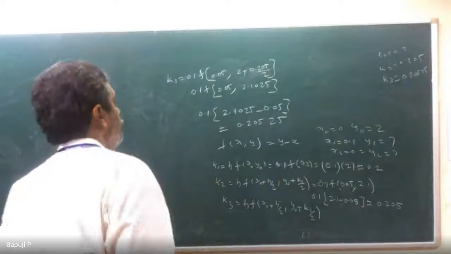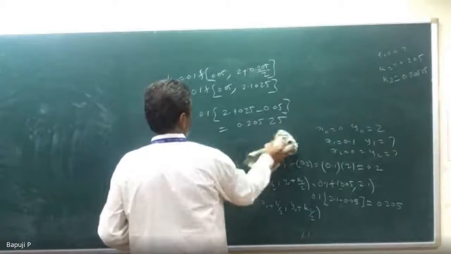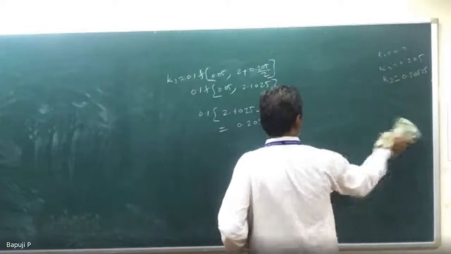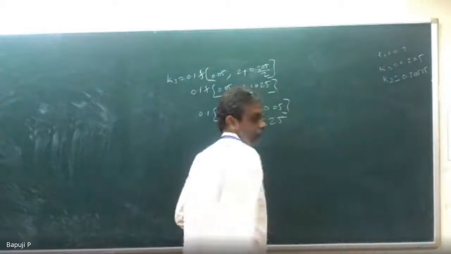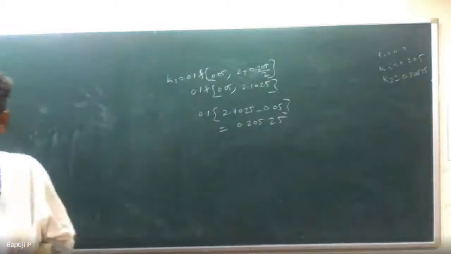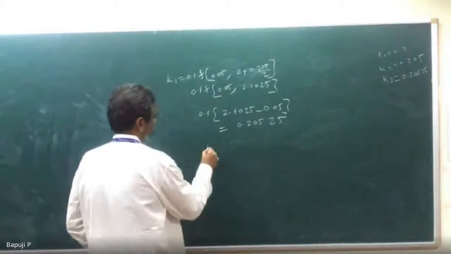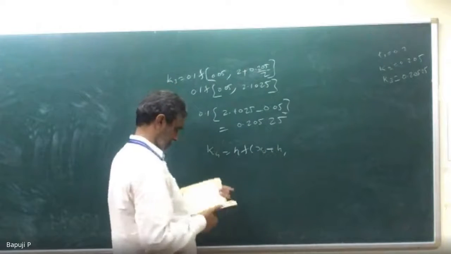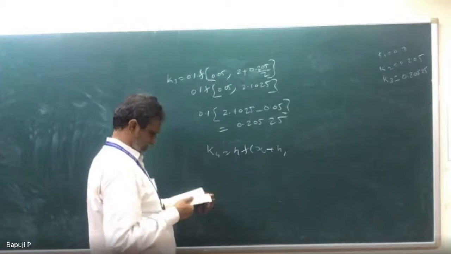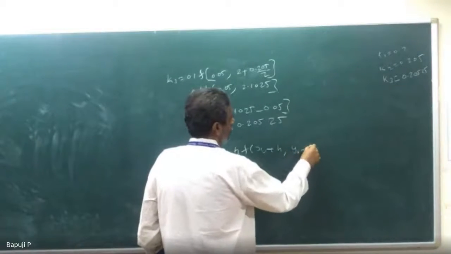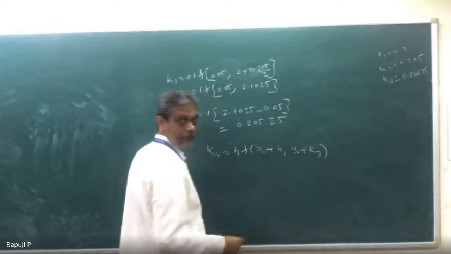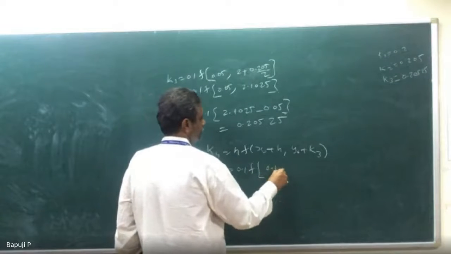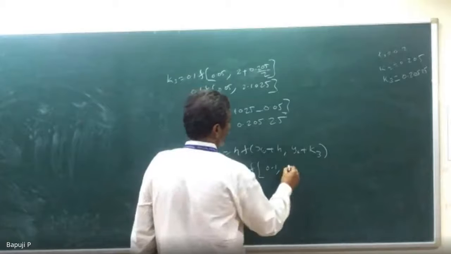If we get the K3, go for K4. What is the K4? K4 is equal to h into f of x naught plus h, comma, y naught plus k3. Who is y naught? 2.